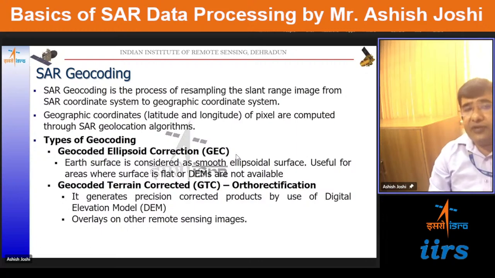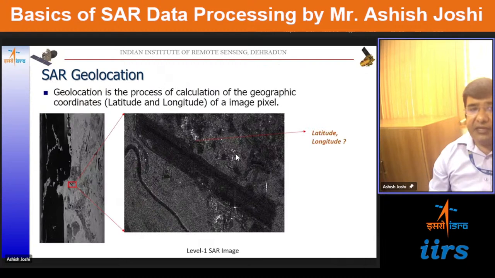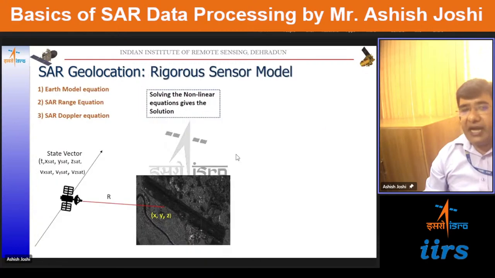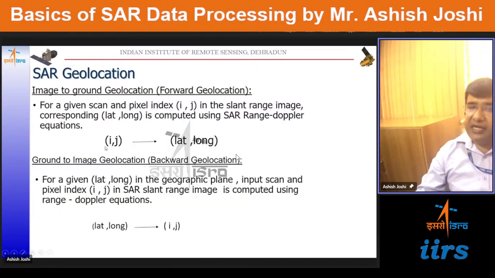SAR geocoding is the process of resampling the slant range image from the SAR coordinate system to the geographical coordinate system. Looking at this image, it is in the slant range only. The first process is to find the latitude and longitude for a particular pixel. After knowing this IJ, we have this lat long information.